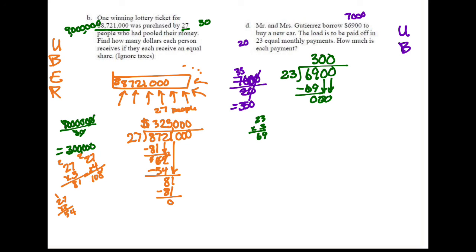So $300 every month for 23 months would give me $6,900. And that's pretty close to our estimate considering. So we executed, we're reviewing, and I don't think there's going to be an easier way of doing that other than long division. So I think we're good.